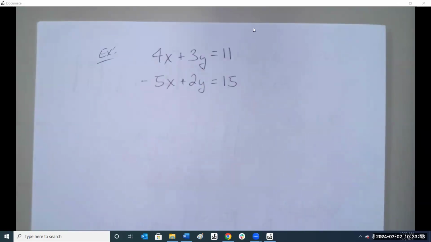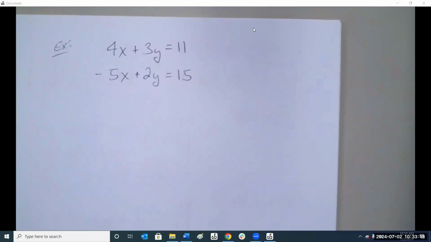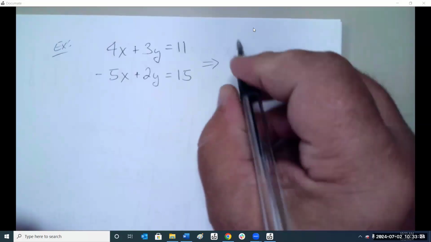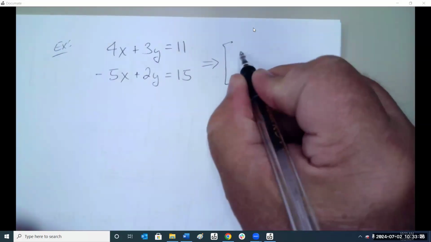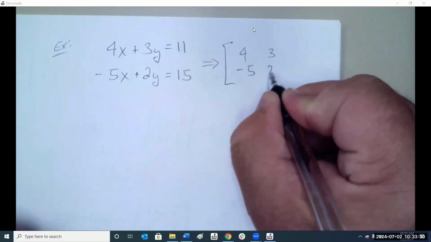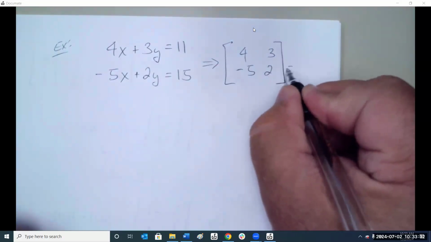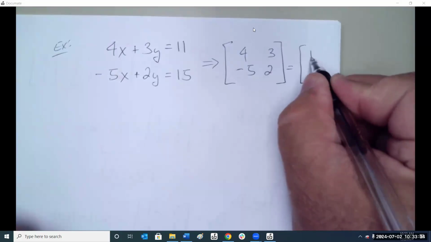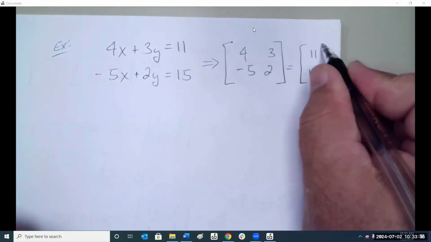The only fraction comes at the very end when you're finished. First step is what? Put it into a matrix. So it's 4, negative 5, 3, 2, 11, 15.